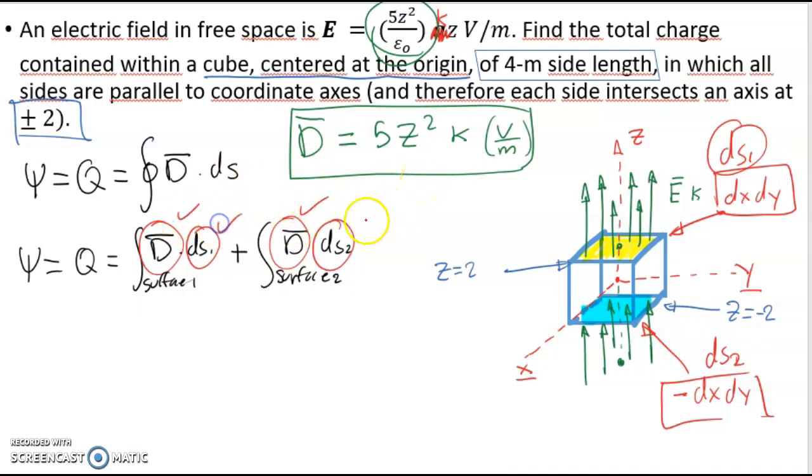We already have these differential surface elements. We can go and analyze the problem and replace the values.